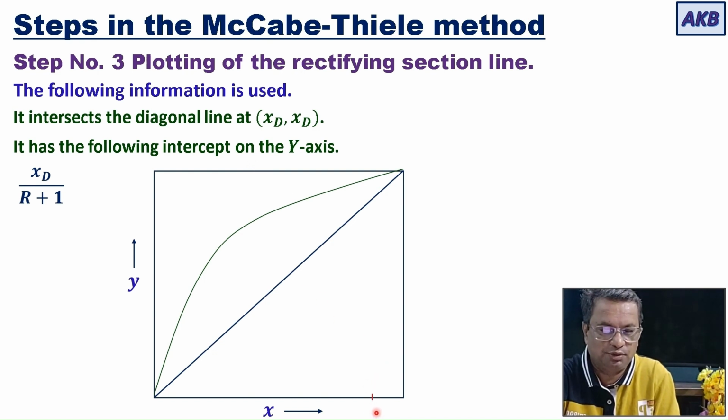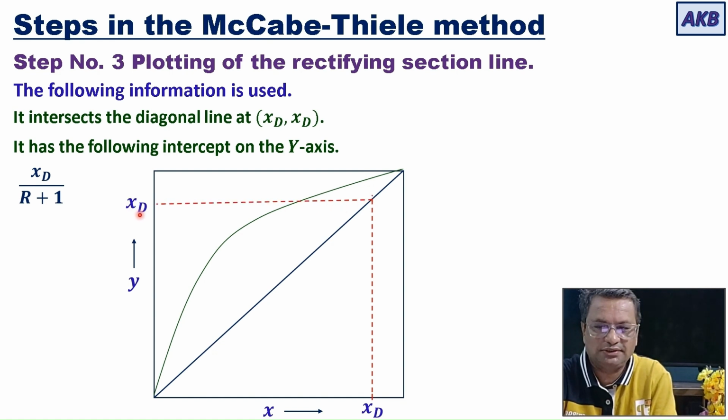For example, it could be located over here. From this xD, I go to the diagonal line, and if I go to the y-axis, this will also be equal to xD. So the first point of the operating line for the rectifying section is this point.